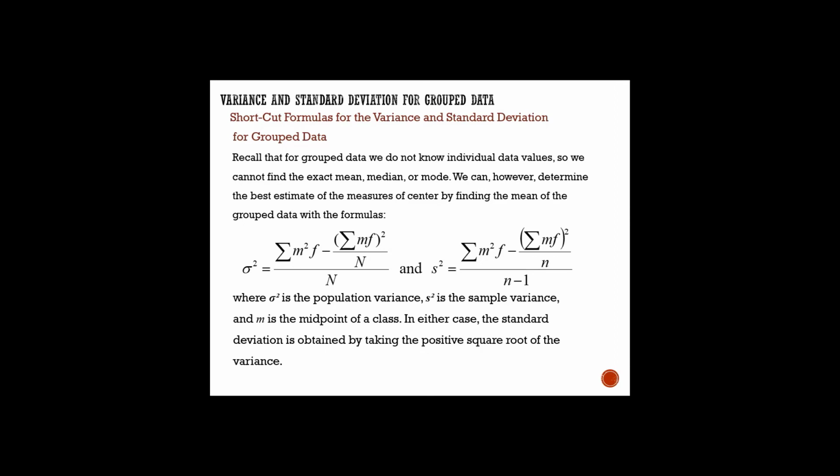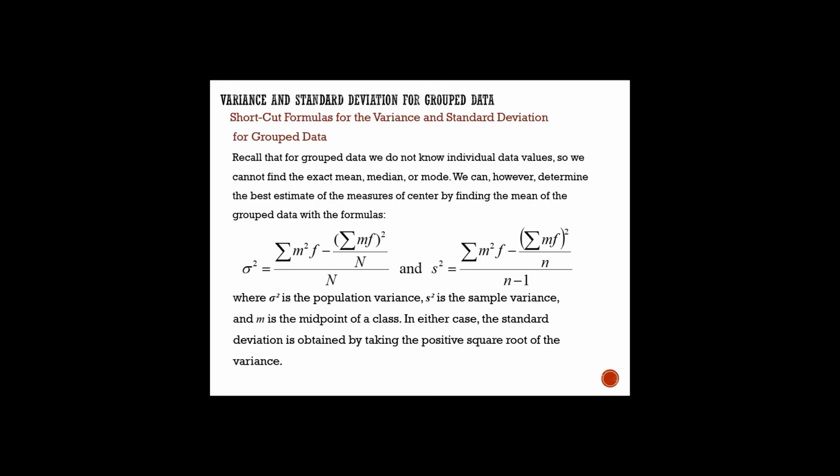Now let's talk about the variance and the standard deviation for grouped data. I'm only going to give you these shortcut formulas for variance and standard deviation. And you recall, we don't know what the data is anymore, so we have to deal with the midpoints and the frequencies. So what we do is we say the sum of the midpoint squared times the frequency, minus the sum of the midpoint times frequency, and we square that number.